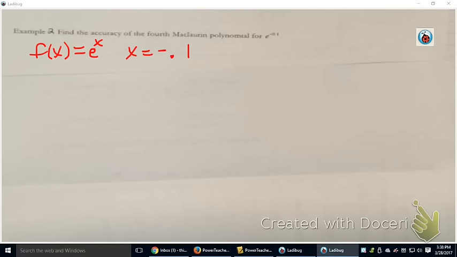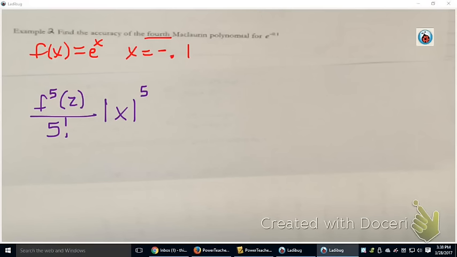Now it says the fourth Maclaurin polynomial, so that means that my remainder is going to be the absolute value of f to the fifth of z over 5 factorial times x to the fifth. It's absolute value because when we plug in that x, we're just going to plug in the positive values.